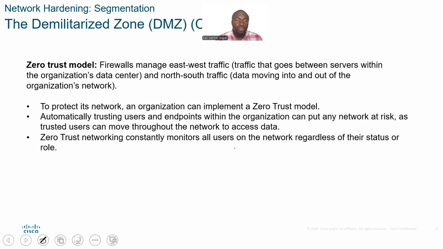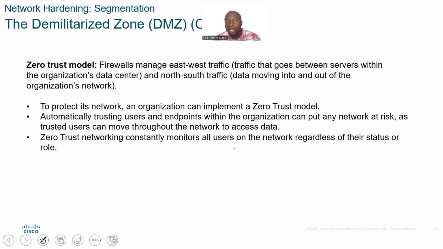Then we have zero trust model. Firewalls manage east-west traffic that goes between servers within the organization's data center. That's what we call east-west. Then the north-south traffic, data moving into and out of your organization's network. So when you say north-south, you are talking about from internet to your organization, and then from your organization to the internet.